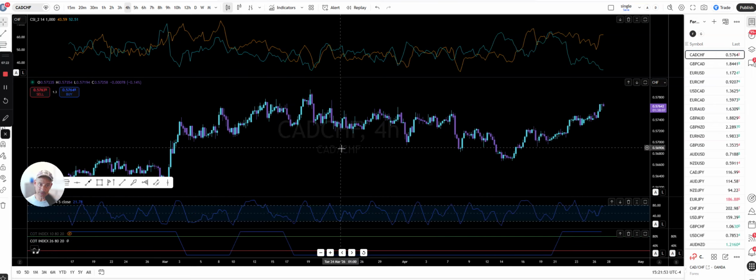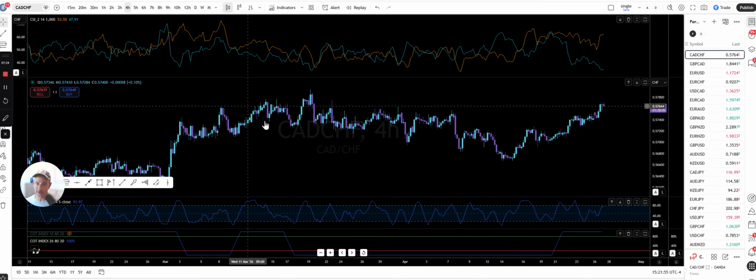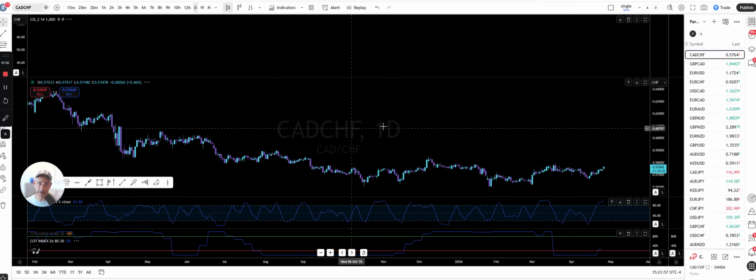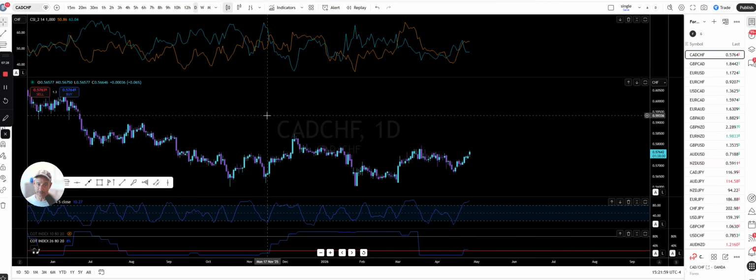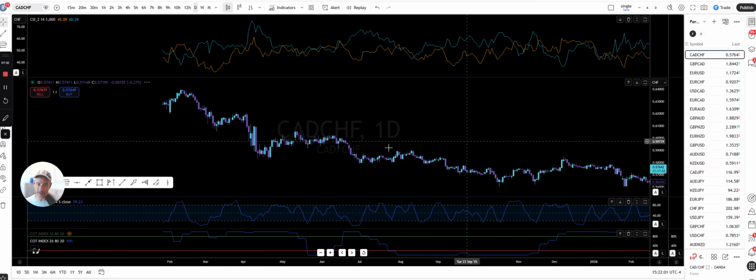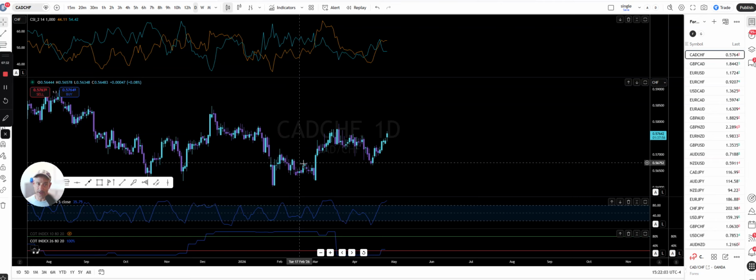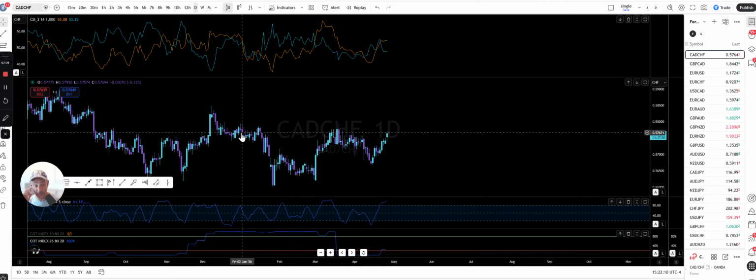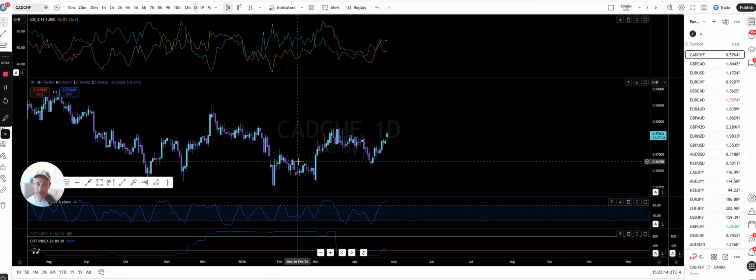You can see what I was talking about. This is another very heavily ranged pair. If you look even on the daily chart, it does go through some trending periods, but it goes into these long, elongated consolidation periods, range bound periods, whatever you want to call it, like here, like here, like here.